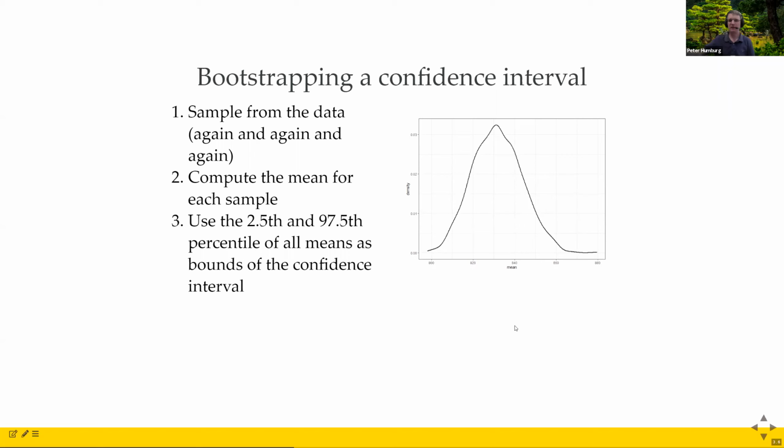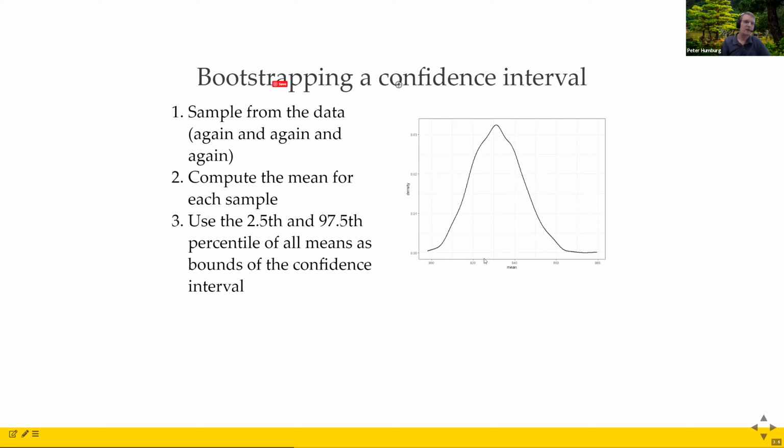Which you can see here. So these turn out to be, well, maybe not quite symmetric. They seem to be a little bit skewed, but pretty much around the mean of the original data set.